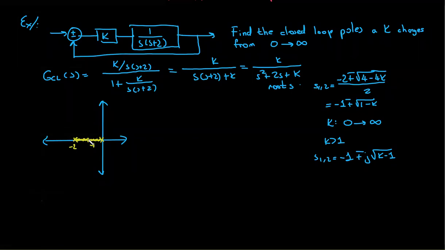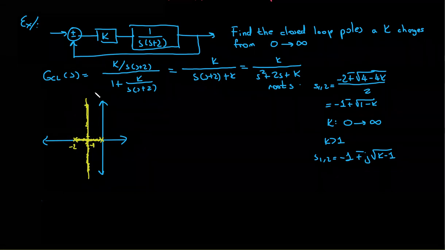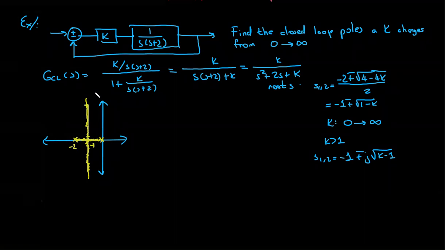Let me try to plot it something like this. Okay. So the poles are going to move on this line and that line, right? And they will go until infinity. Okay. Do you have any questions? Okay, so if not, let's continue.